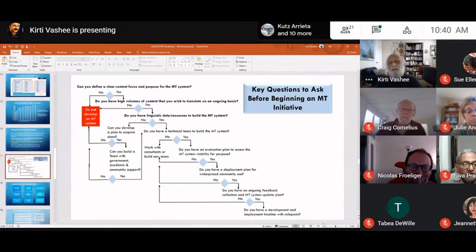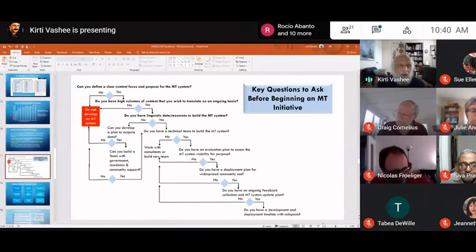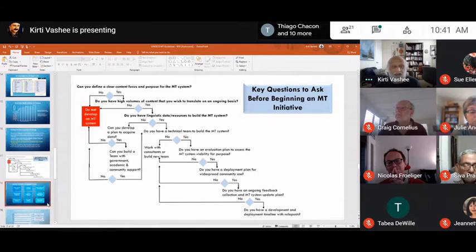You should not be thinking about it unless you have regularly high volumes of content that you expect to be translating. And do you have the data? And if you don't, can you build the teams? Can you build the community support and the collaboration to do it? If these things happen, then you move down the path. Otherwise, it's really not viable. And we find that for many, this is the case.